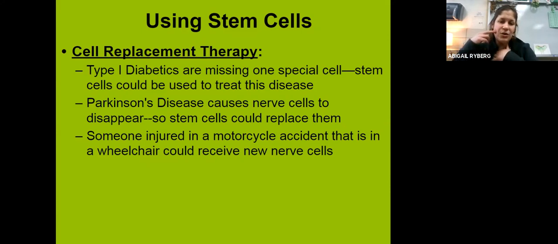Parkinson's disease causes nerve cells to just get broken down and disappear. We can now produce nerve cells, so we could potentially treat Parkinson's disease patients with new nerve cells. And then again, we're looking at paralysis, for example, someone that has been injured in a motorcycle accident.